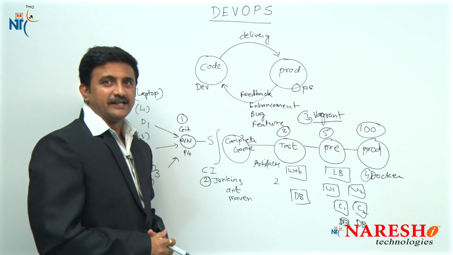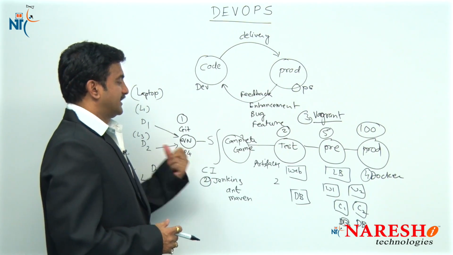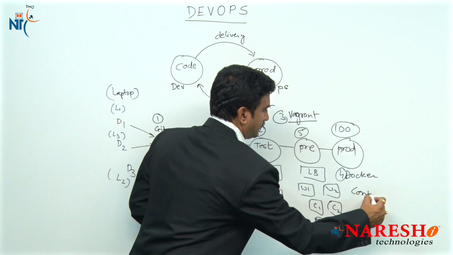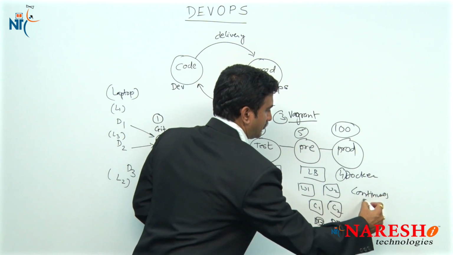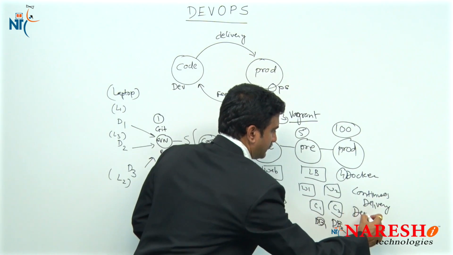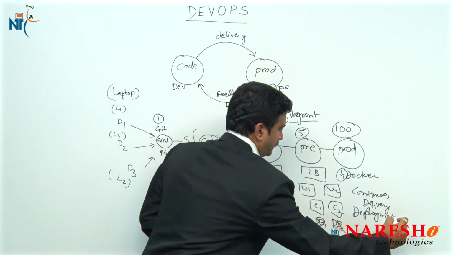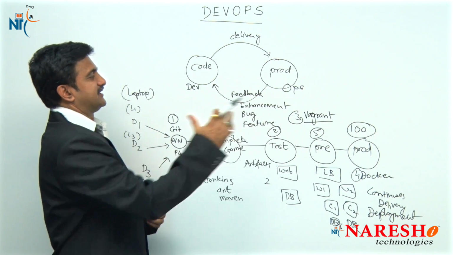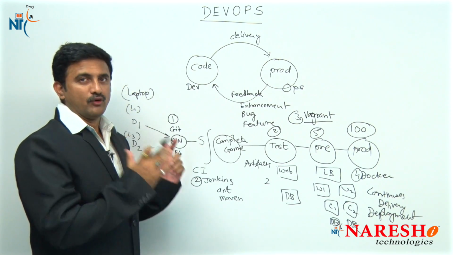Now, there are a couple of things. We say continuous integration and continuous delivery, or deployment. Now, we will understand these various phases and go deeper.